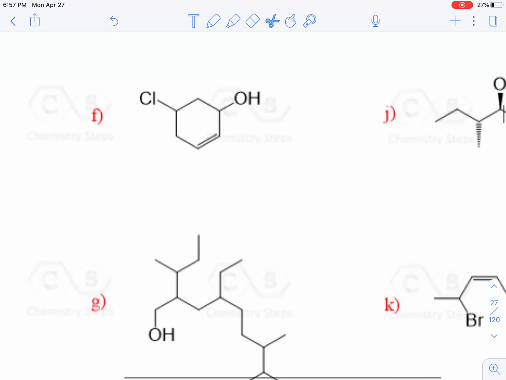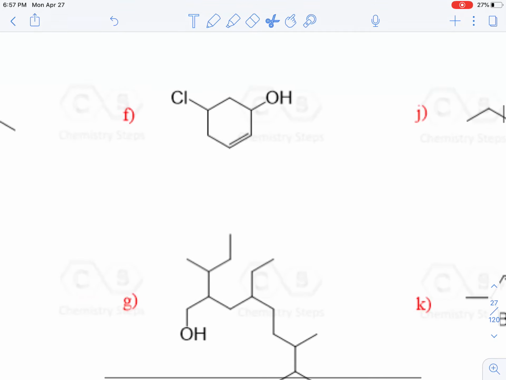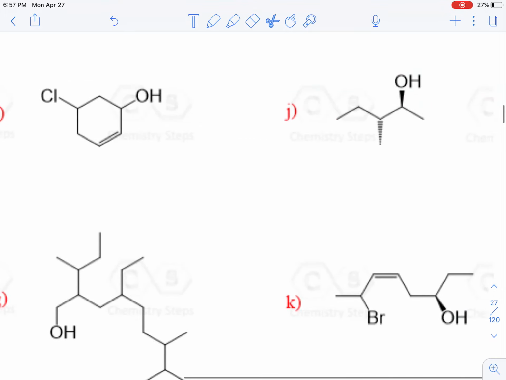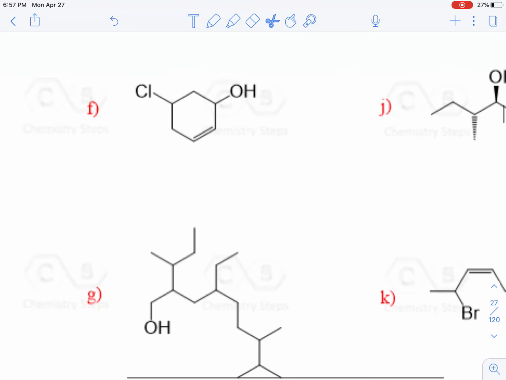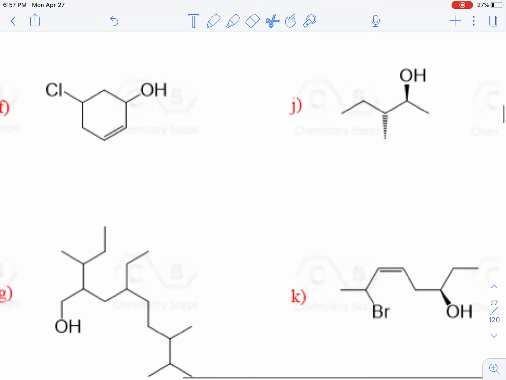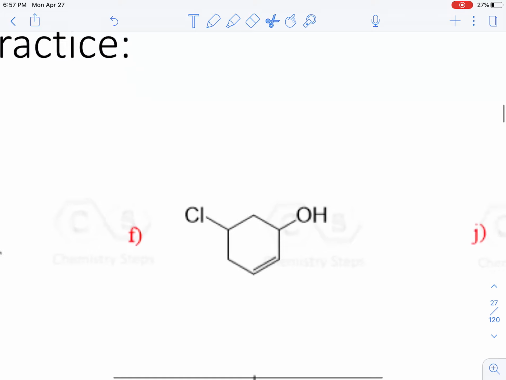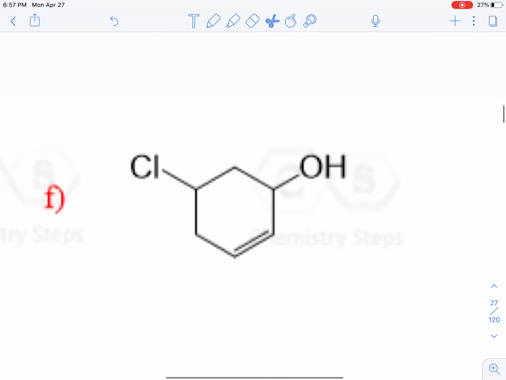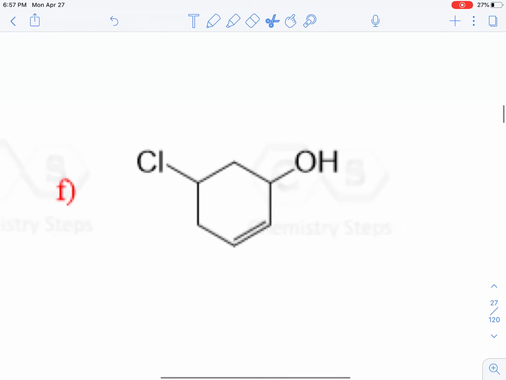So I'm going to look at F and K. The reason why I'm going to look at F and K is because it contains a double bond and an alcohol. So I just want to go through and make sure that you guys understand the process on how to name these types of organic compounds.